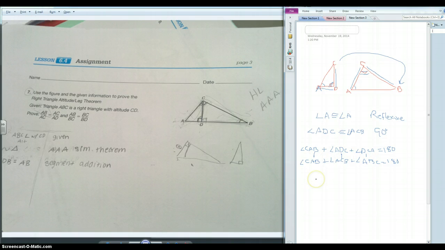Therefore angle BCA is equal to, congruent to, angle ABC.